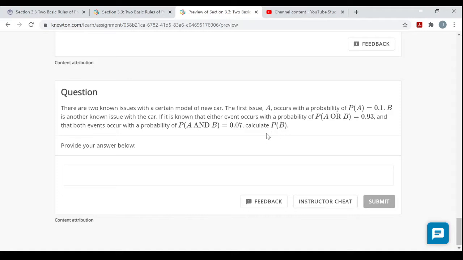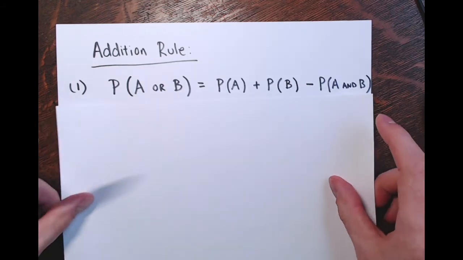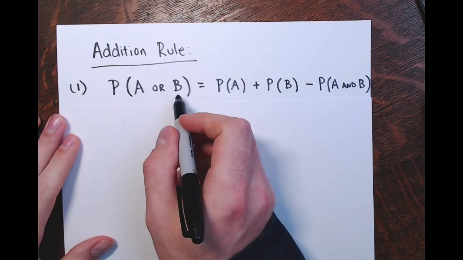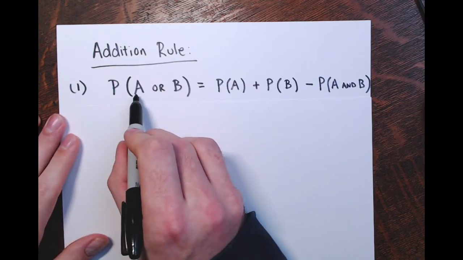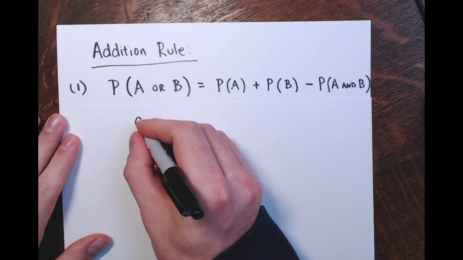Right, so I'm going to write this out. So I'm just going to the rule right here. We have the probability of A or B occurring. Now that was given to us. We were told that the probability that issue A or issue B occurs on one of these cars is 93%.